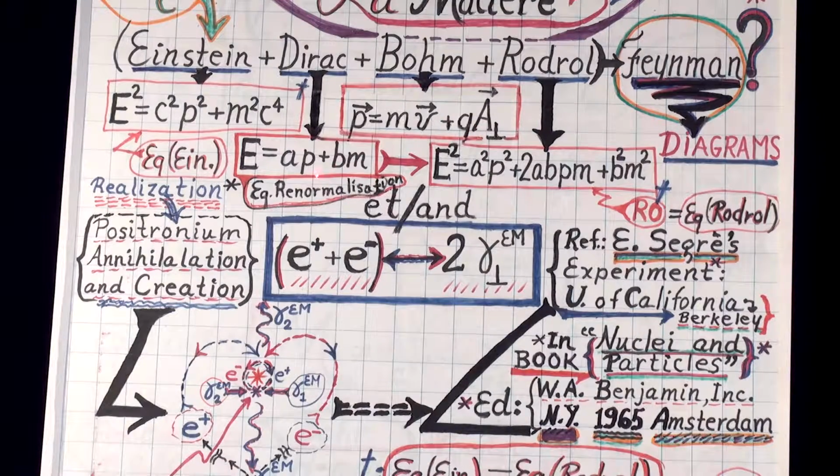Now, Paul Dirac, the other physicist, tried to explain what happens with matter and antimatter. As a matter of fact, he is the one who invented the term antimatter.